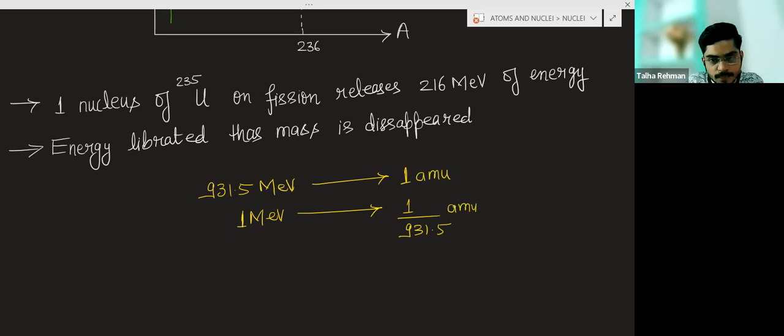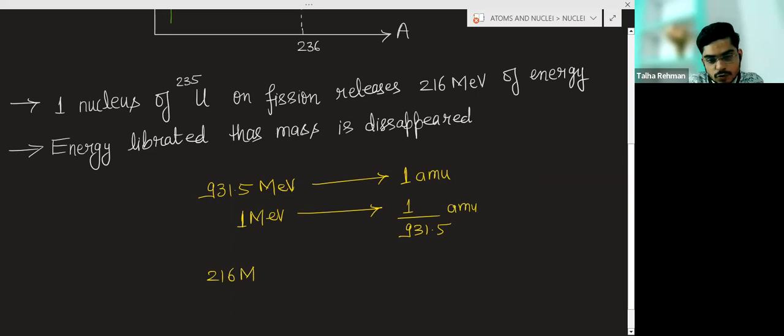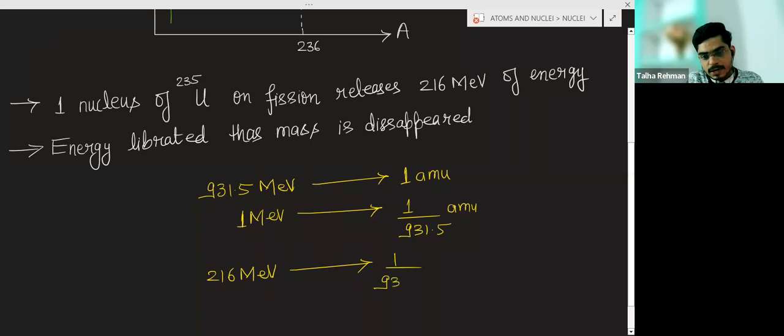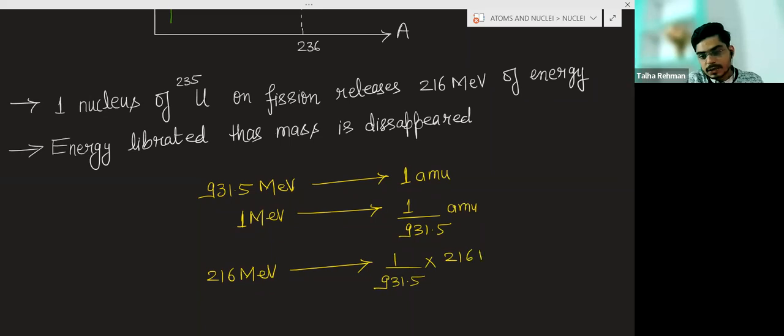If 216 mega electron volt of energy will release, then how much mass will disappear? It will be 1 divided by 931.5 multiplied by 216 AMU.